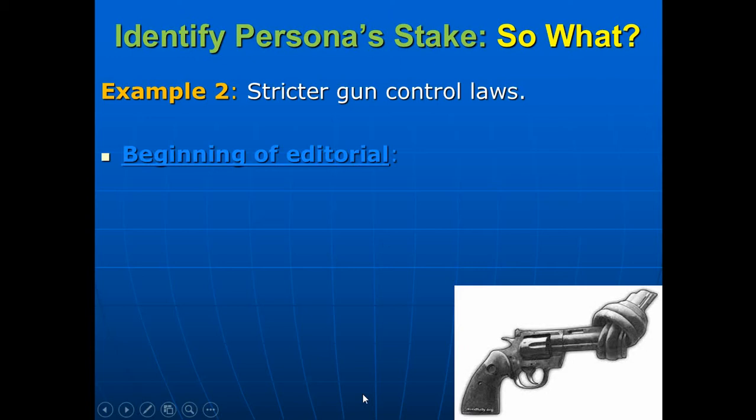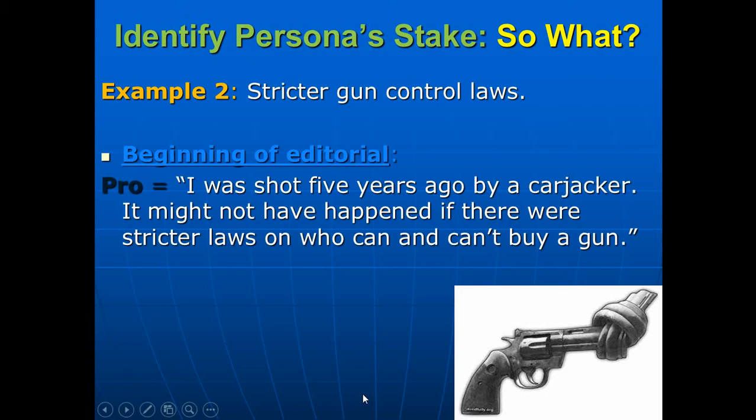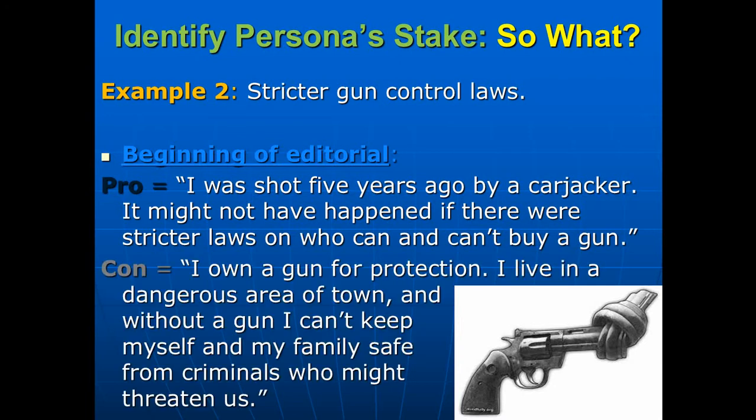For our gun control law, on the pro side, I was shot 5 years ago by a carjacker. It might not have happened if there were stricter laws on who can and can't buy a gun. So we've got our persona, someone shot by a carjacker, and then what they have at stake, that maybe this wouldn't have happened to them if there were stricter gun control laws in place. On the con side, I own a gun for protection.